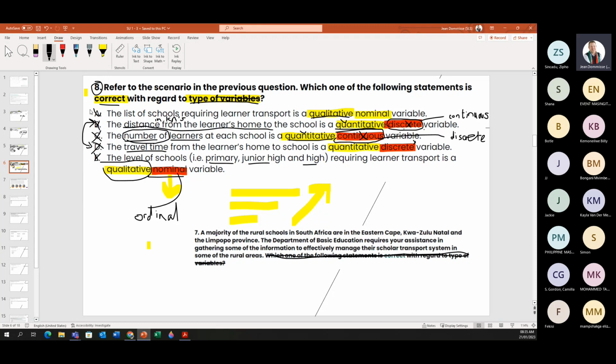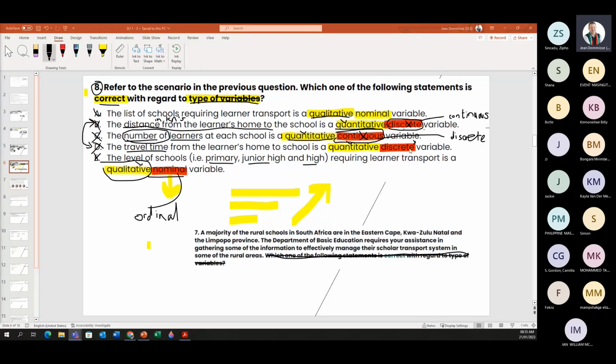And I think what is more important in this one is that the first part of the questions were right. All of them identified that it was quantitative, those three were all quantitative, which is correct. The other was qualitative, which was correct. So the type was right, but then your measurement within it was wrong.